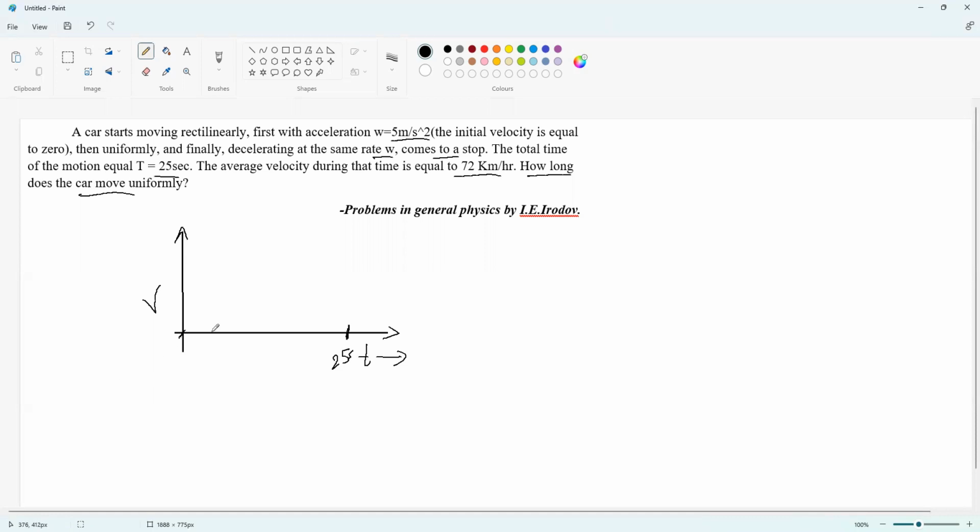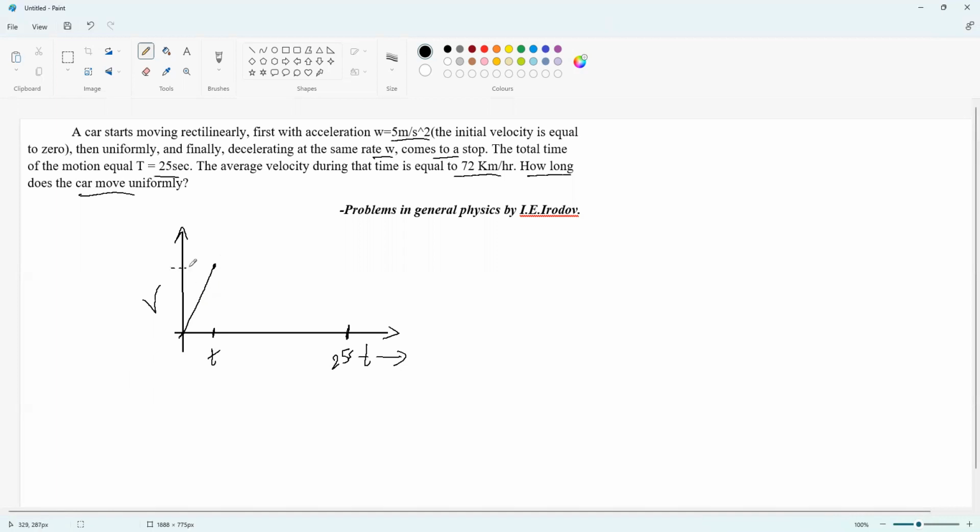First, for time t, it keeps accelerating, starting from the initial velocity of 0. So it accelerates till time t, till this point.